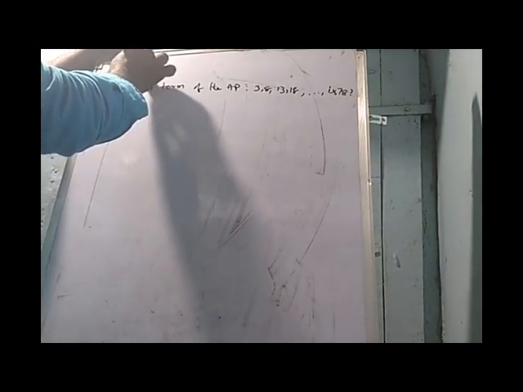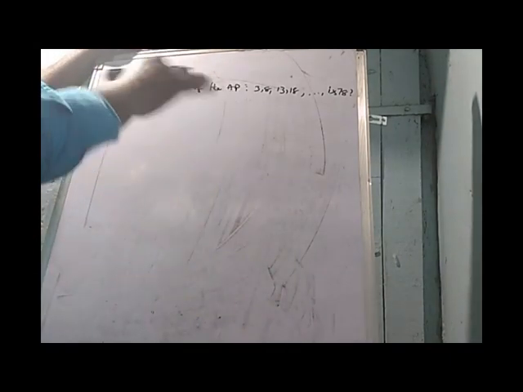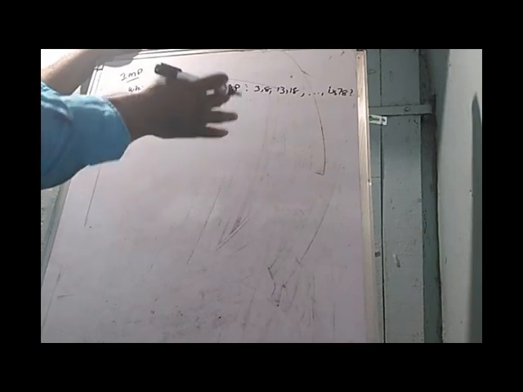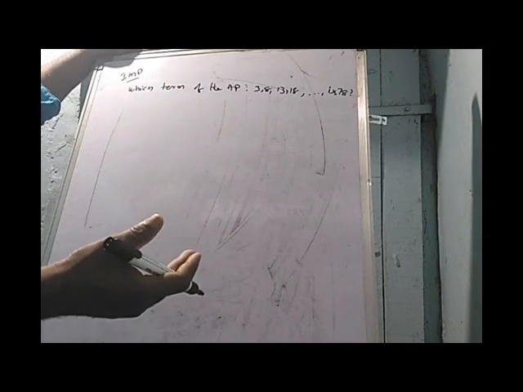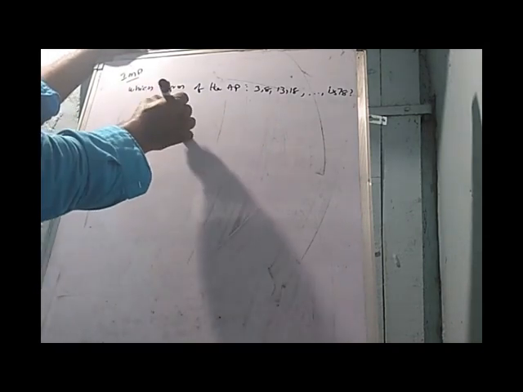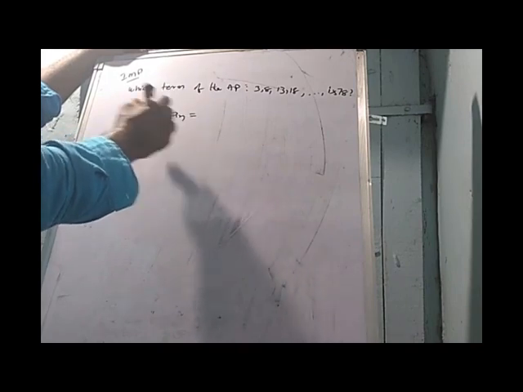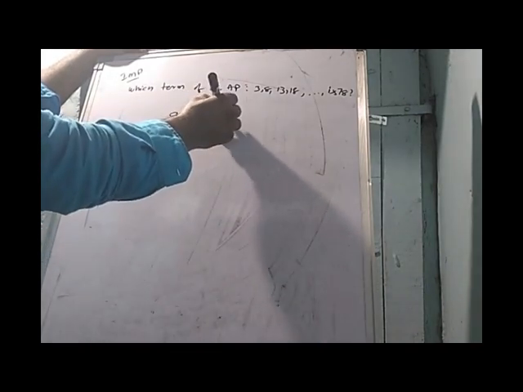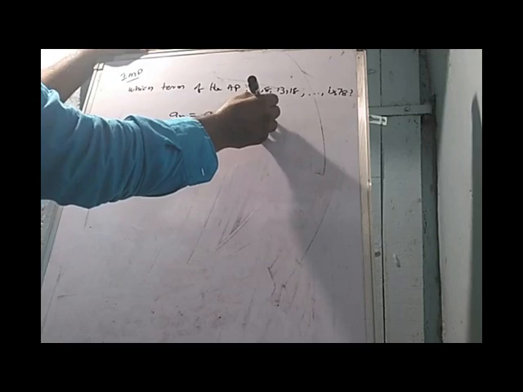So the next concept is a very important concept: which term it is, or what is the 10th term, 20th term. This type of question. So we use the nth term formula. What is that? It is A plus n minus 1 into d.